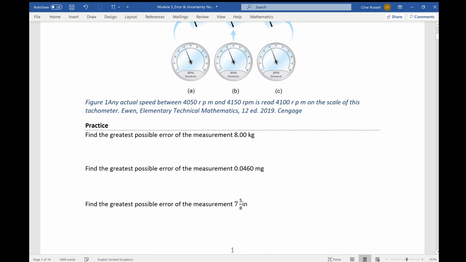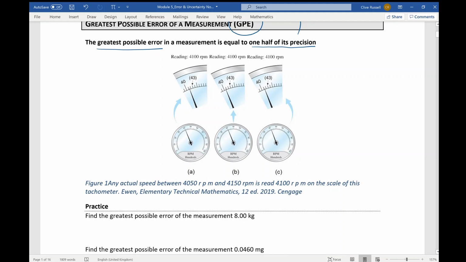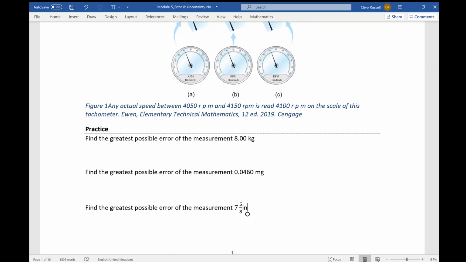So let us look at this example. Find the greatest possible error of the measurement of 8.00. Let's look at the definition: the greatest possible error of a measurement is equal to 1/2 of its precision. So we first have to determine the precision here.